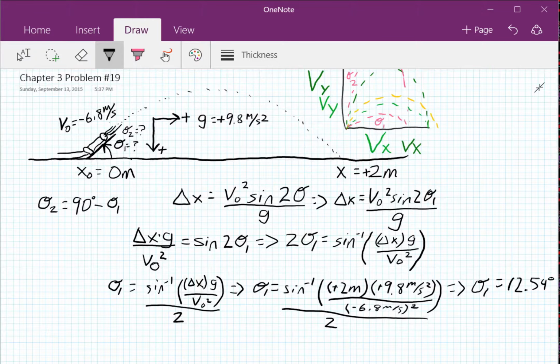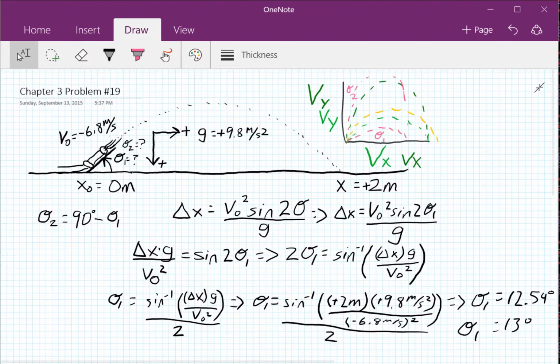When you look at the sig figs, you only need 2 sig figs, so that'd be 13 degrees. Now this is one of the cases where you actually do not use the unrounded number to find the second part, because as we said in the colored diagram at the top, you have to have the two angles add to 90. So we're going to use this rounded number to find theta 2 so that they add to 90 degrees.